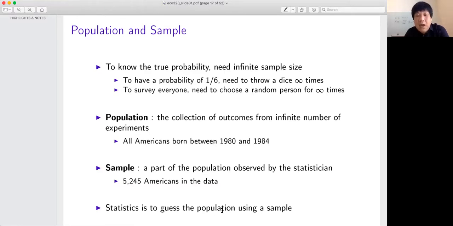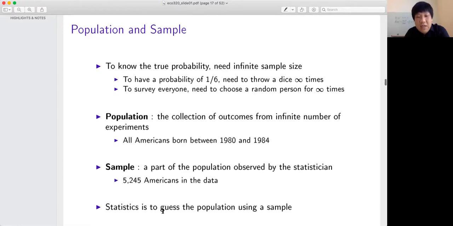For example, I want to know the average income of Americans, but instead of asking 300 million people in the US, you collect a sample of 10,000 people and average out their income. So you try to guess the population parameter using a sample.